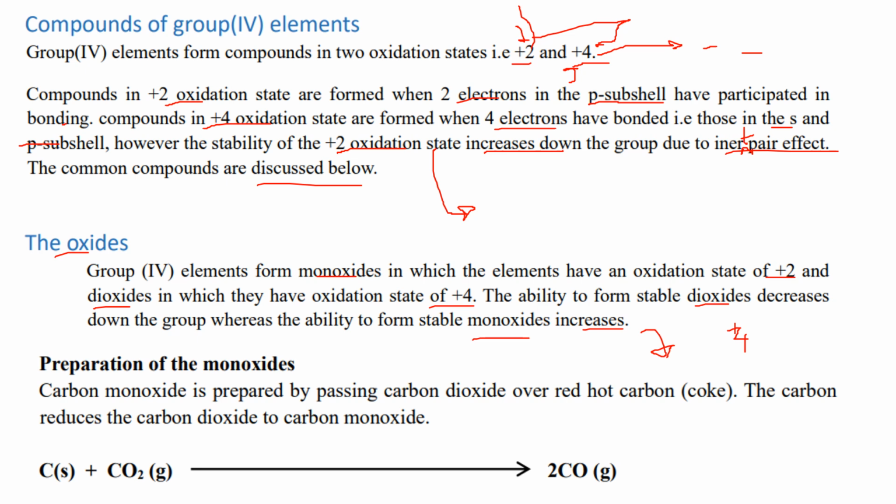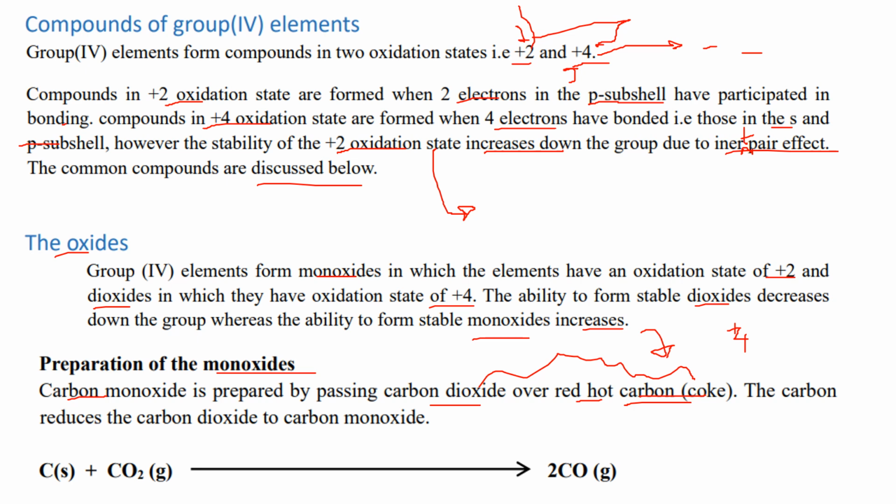Looking at the preparation of the monoxides, carbon monoxide is prepared by simply passing carbon dioxide over heated carbon, and we are going to look at this more under extraction of copper or extraction of iron. So you can prepare carbon monoxide by getting its dioxide and passing it over heated carbon in the absence of oxygen.